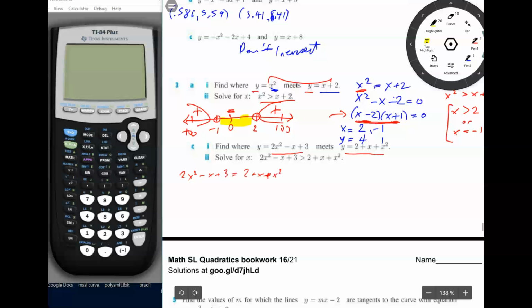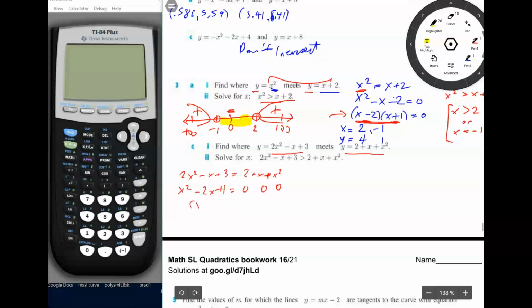Okay. Then I'm going to combine like terms. So I'm going to subtract x squared from both sides. So I'll get x squared on this side, and I'll get 0 on this side. I'm going to subtract 2 from both sides. So I'll get plus 1 on this side, and I'll get 0 on this side. And then I'm going to subtract x from both sides.